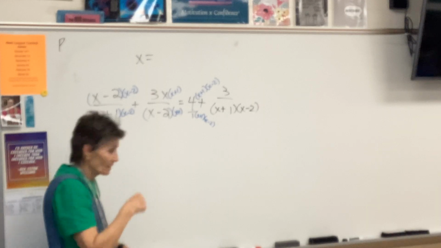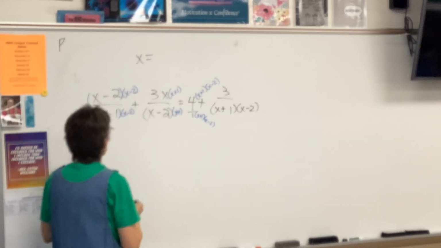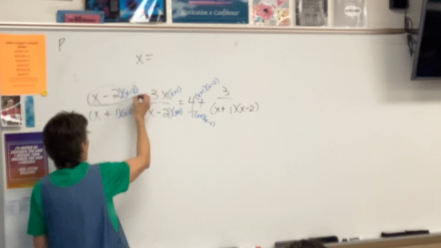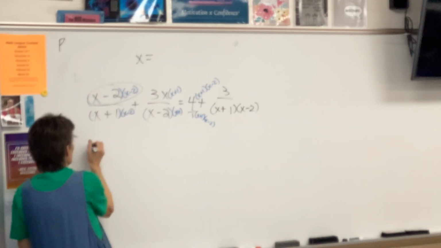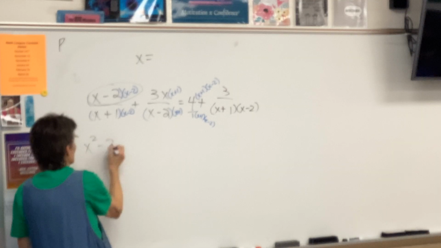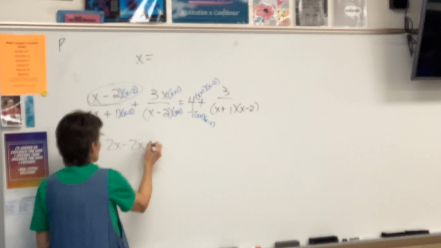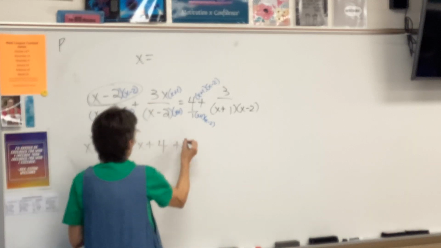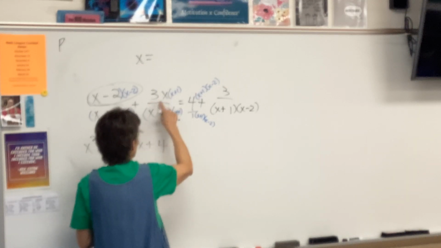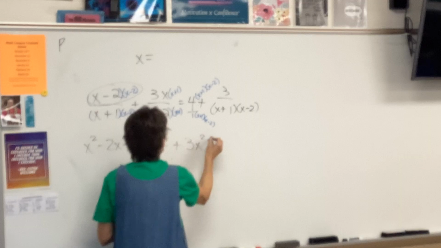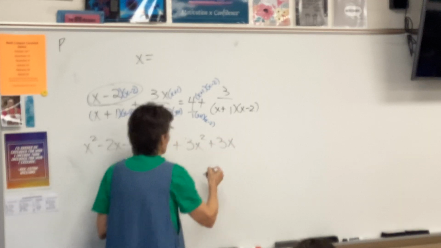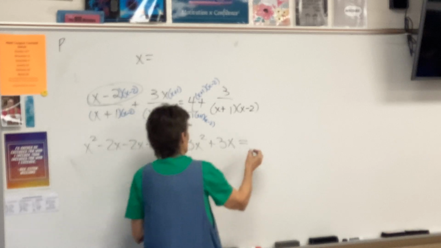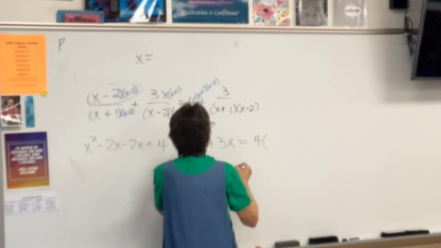You all right? So now I'm going to have an equation of my numerators. So I'm going to go ahead and FOIL that. So that's going to be x squared minus 2x plus 4. That's that one. Plus, okay, I'll distribute this one, equals, oh, there's a lot here, so 4 times.